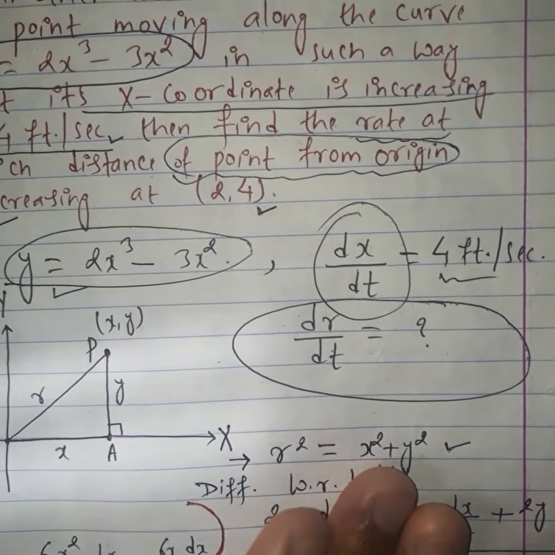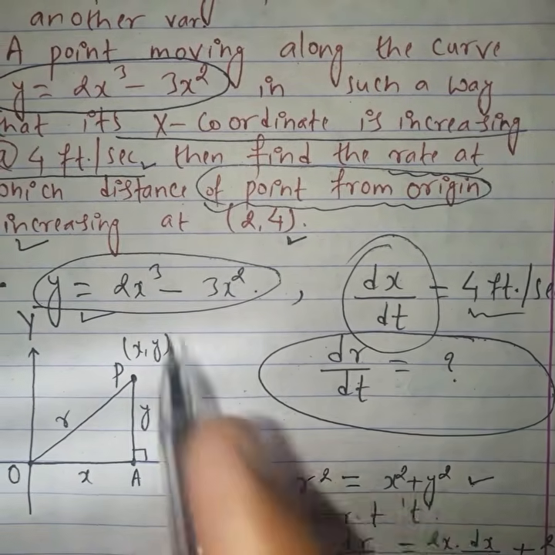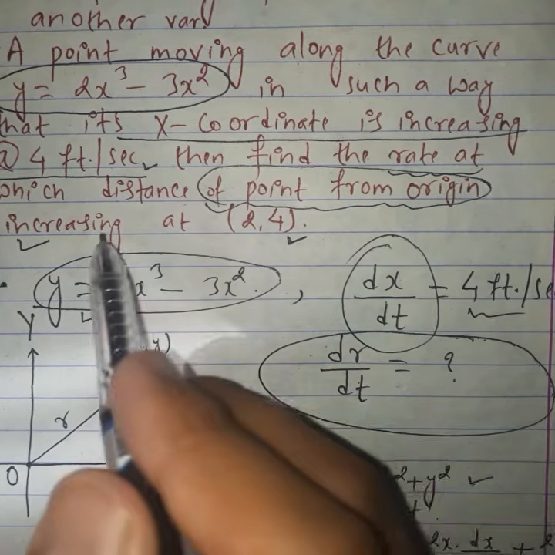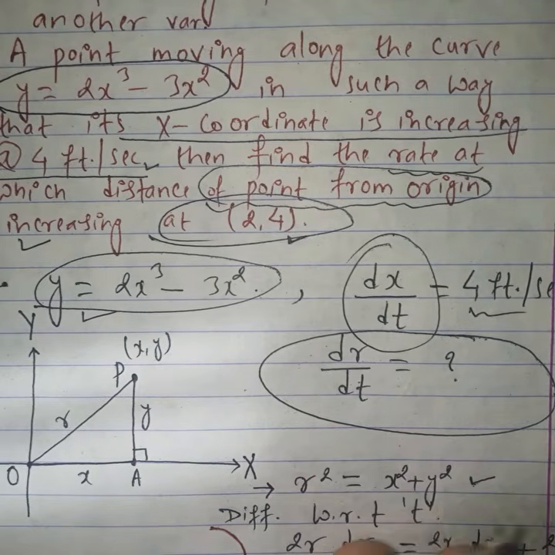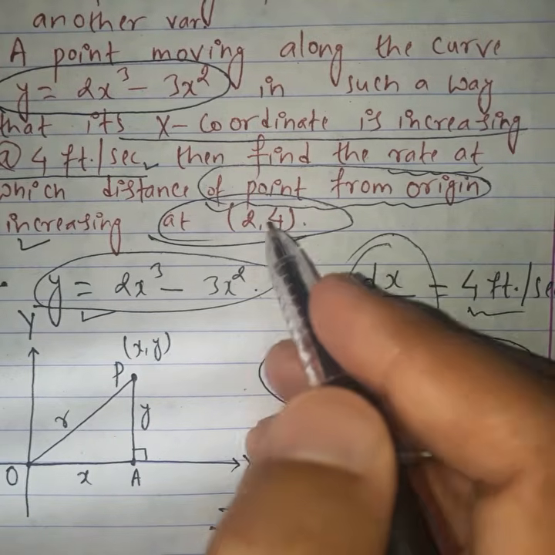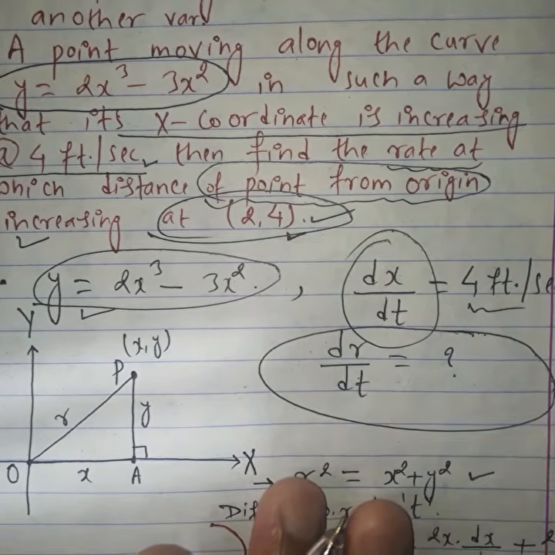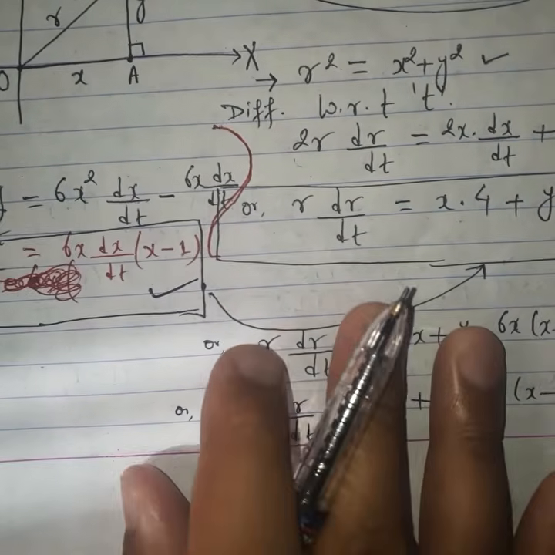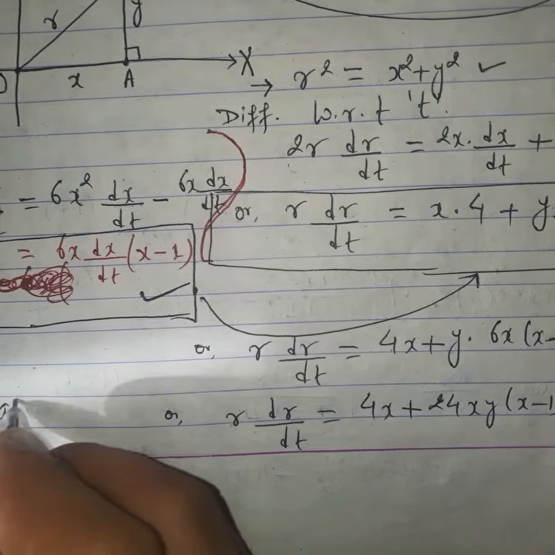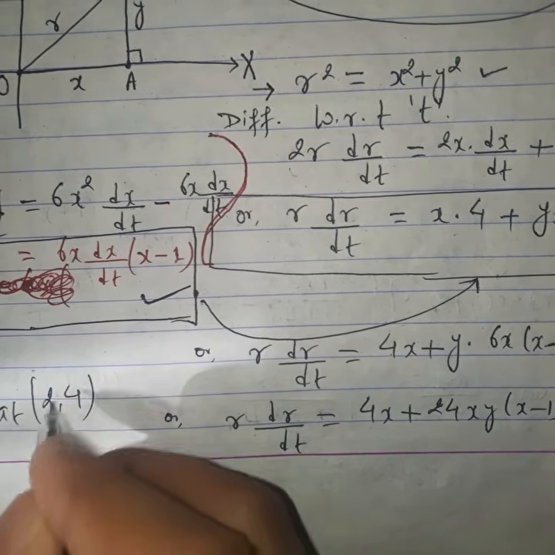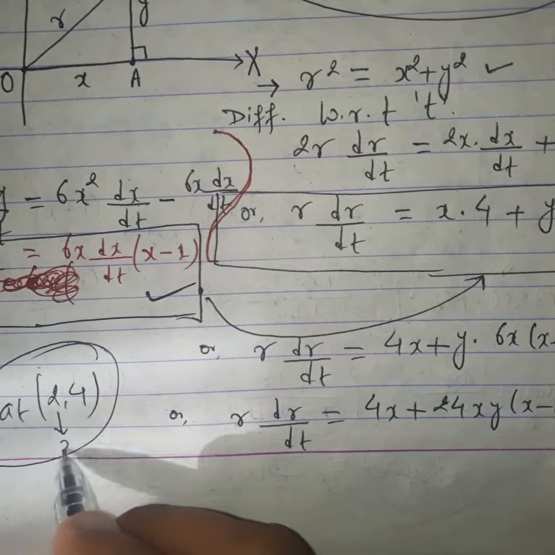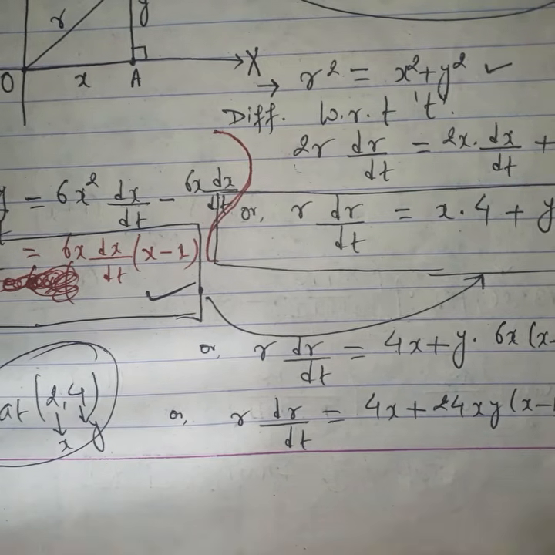We have to calculate the rate of increment in the radial distance from the point to the origin at the exact point 2 comma 4. Let's substitute the value of 2 comma 4 in this equation. This means the value of x is 2 and the value of y is 4.